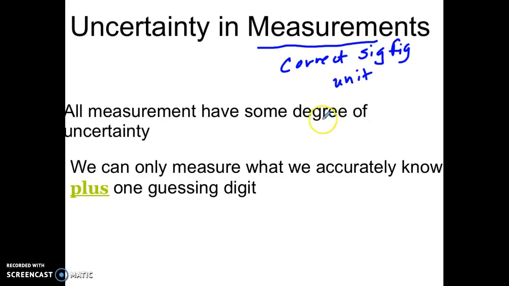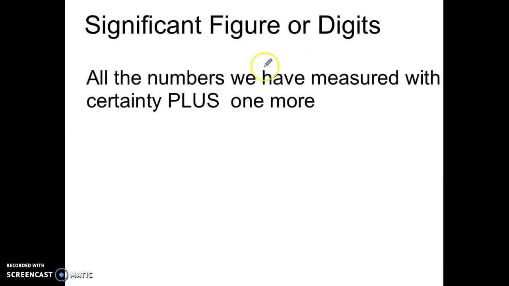So we'll want to know, are you measuring in liters? Are you measuring in milliliters, grams, ounces, kilograms? All of that stuff is important when we're submitting a measurement. So again, significant digits, all the numbers we measure with certainty, plus we get one more guessing digit.